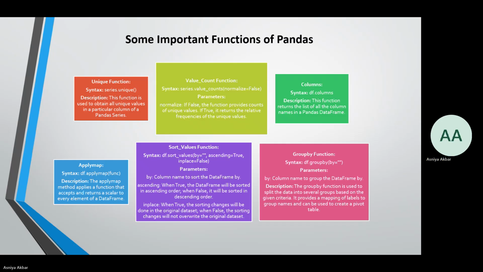The first function that we are going to start off with is the unique function. Now, what is a unique function? A unique function is used to obtain all unique values in a particular column of the Pandas series. It returns an array of unique elements in a series.